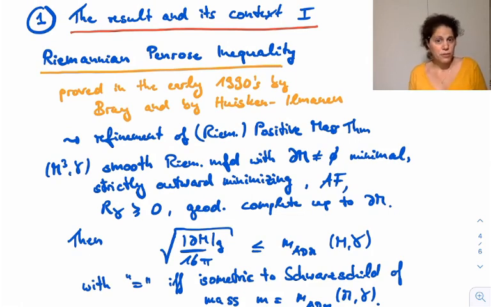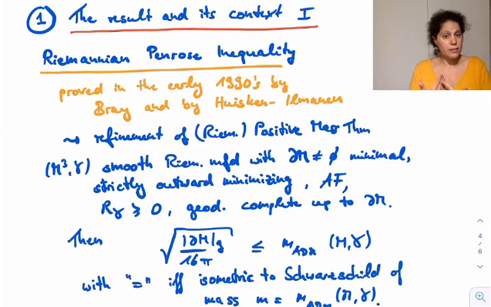The Riemannian Penrose Inequality was conjectured by Penrose and then proved in the early 1990s by Huisken and Ilmanen, who used inverse mean curvature flow ideas going back to Geroch. It can be considered a refinement of the Riemannian positive mass theorem that we've seen above. The context here is exactly the context I described. We have a smooth Riemannian manifold with non-empty boundary. The boundary should be minimal and strictly outer-minimizing.